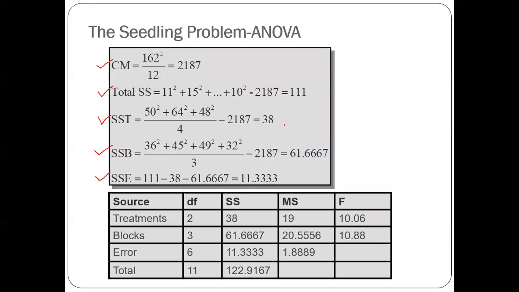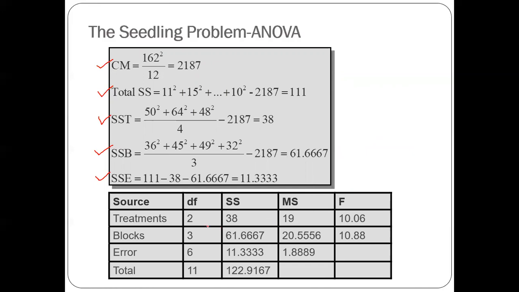After you calculate all the values based on the formulas given, you must enter all the values in the table. Please try to calculate and convert all the values into the two-way ANOVA table.